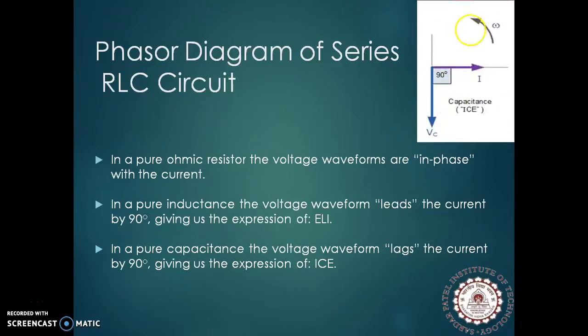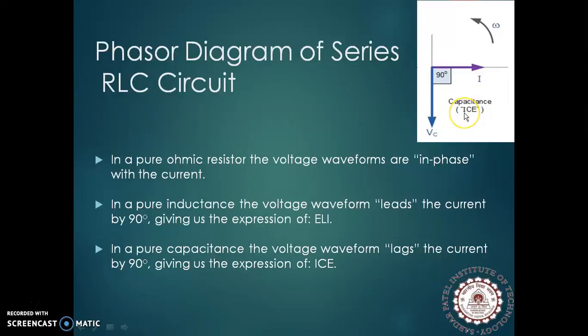In a pure capacitance, the voltage waveform lags the current by 90 degree, but we can also say that the current leads the voltage by 90 degree. We can remember this by the mnemonic ICE, where I stands for current, C stands for capacitor, and E stands for EMF.